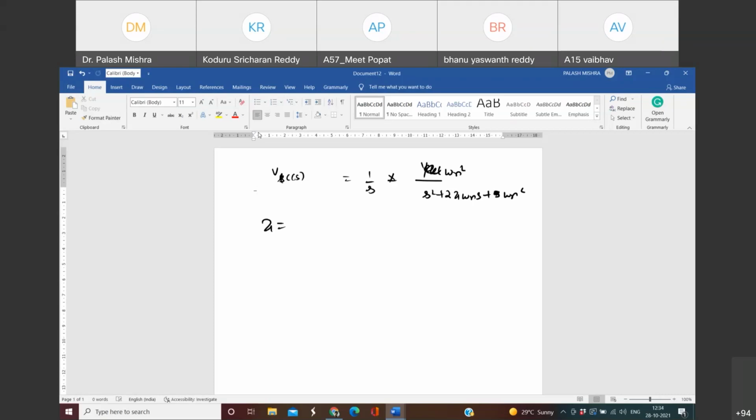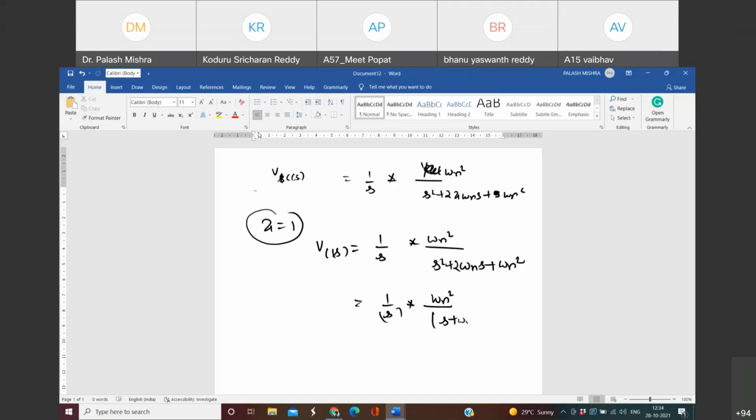Now if zeta is equal to 1, then VC(s) will be 1 by S multiplied by omega n square upon S square plus 2 omega n S plus omega n square. Now this is 1 by S multiplied by omega n square upon S plus omega n whole square.